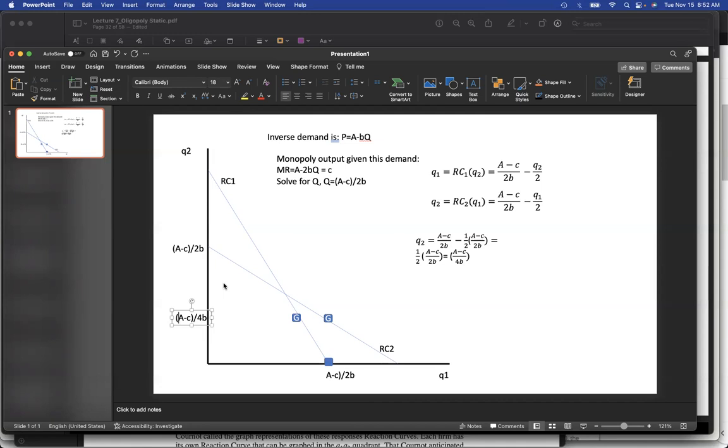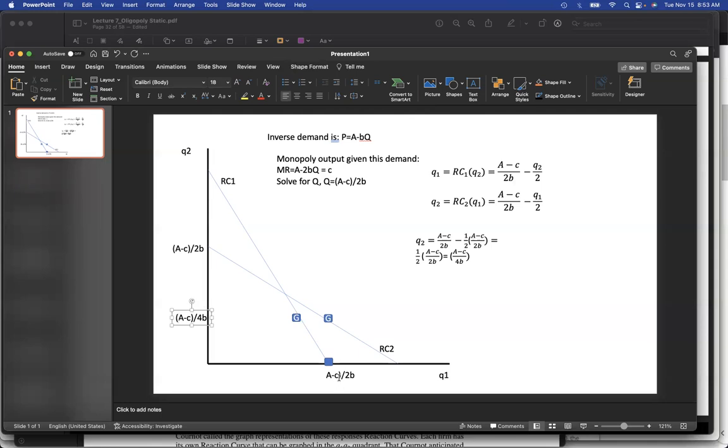ano ang sagot ni firm 1? Pareho ba sila ng sagot? Consistent ba? Remember, if ito yung output ni Q2, yung expectation ni firm 2, ano?